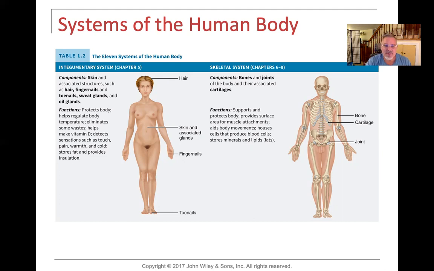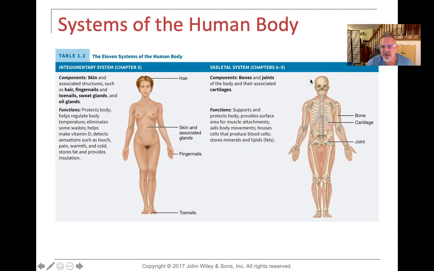It's involved with sensation, just as you know someone is touching you or poking you. It helps you differentiate between soft touch versus painful touch, cold, temperature, and it's involved in storing fat that helps to provide us with insulation. So it's extremely important, the integument.